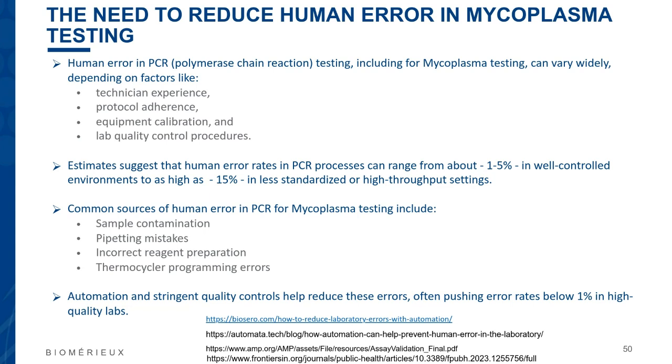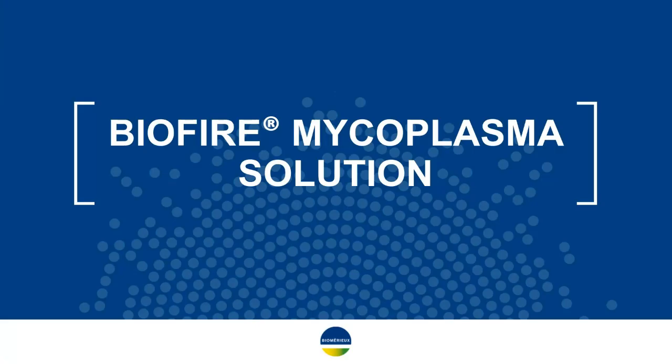And automation and stringent quality controls also help to reduce these errors. It has been demonstrated that some of these automations can push the error rates below 1% in high quality labs. So automation and reducing human errors is critical for mycoplasma detection.